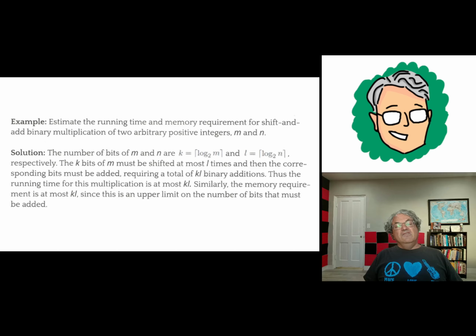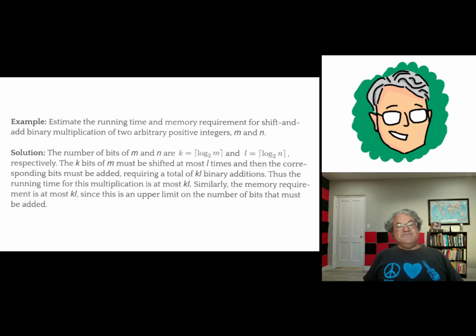In the worst case, when they both have the same number of digits, say m and n are the same size, then l would be equal to k, and the running time would be proportional to k squared. So shift and add multiplication is a lot slower than addition, even for a computer. It turns out there are more efficient ways to multiply than shift and add.